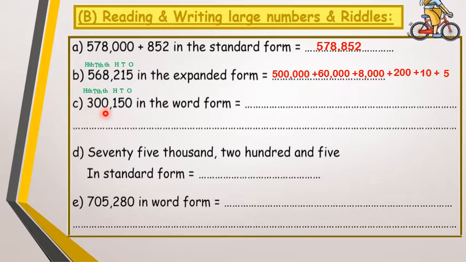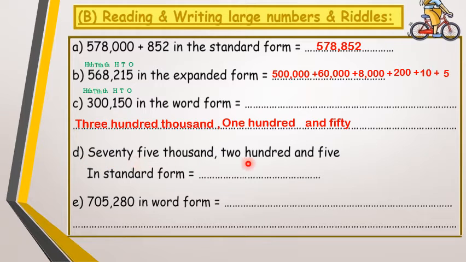I read the thousand family together, and then I read hundreds, tens and ones. Here I have in thousands only 3 in hundreds, so it's going to be 300,000. So I read it together, and now I read all this together. I have 150, so it's 150.